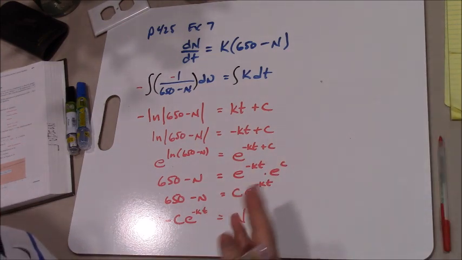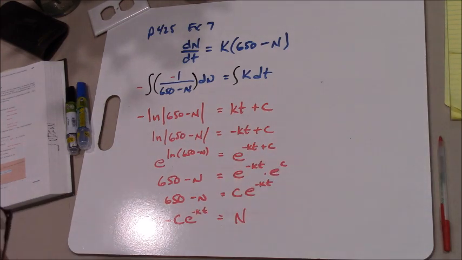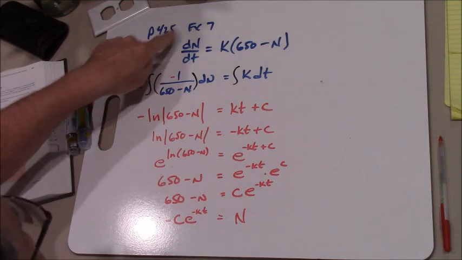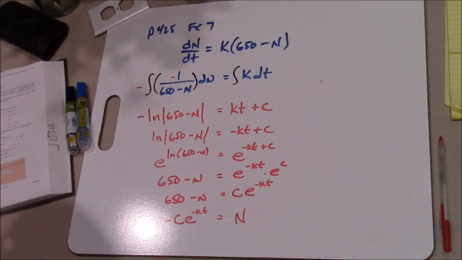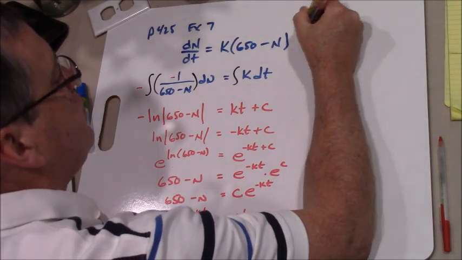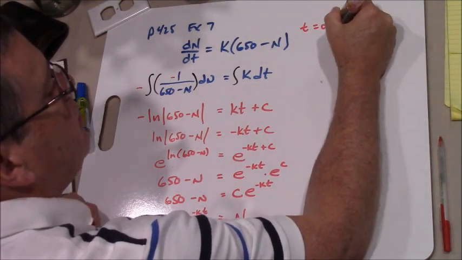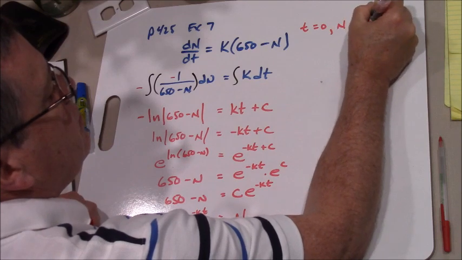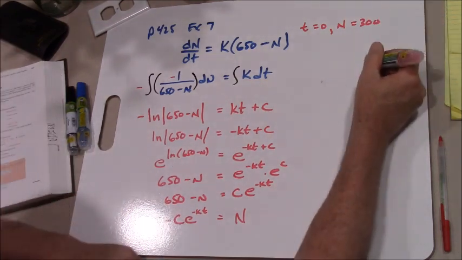now again, to see the problem, if you guys have your book, just open up to that page, 425, example 7. What they told us at the beginning is when t equals 0, the population was 300. So when t equals 0, n equals 300 coyotes.